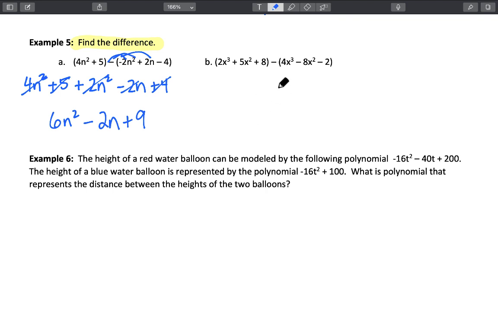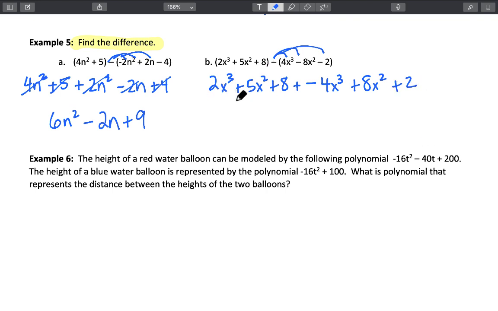Let's try it again with example B. When I distribute this minus sign to the second polynomial, it will change all 3 signs. Nothing changes with the first one, so we're going to just drop down all 3 terms. And now we're going to change this to an addition of the opposite. So this becomes minus 4x cubed, and then plus 8x squared, and finally plus 2.